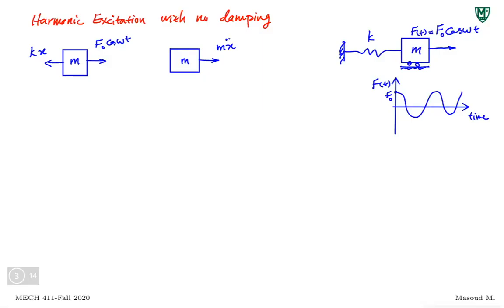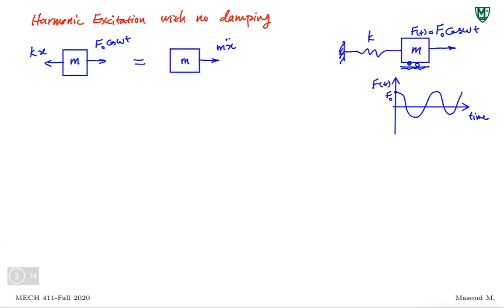Probably it's easier if I just put everything in the same direction. Let me just draw it and see if I get the equation. Otherwise, I'll fix the directions. So the summation of forces is equal to whatever inertial forces I have on my kinetic diagram.